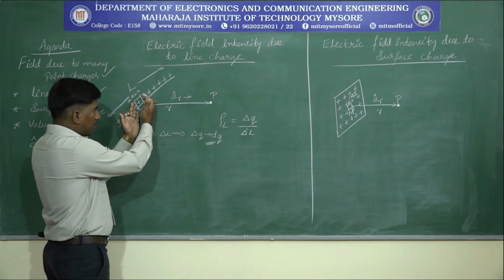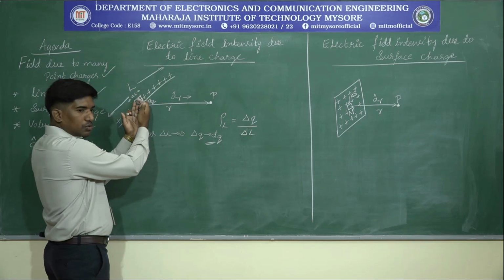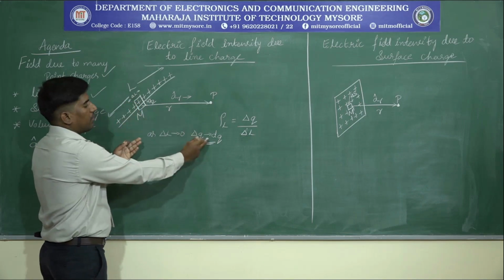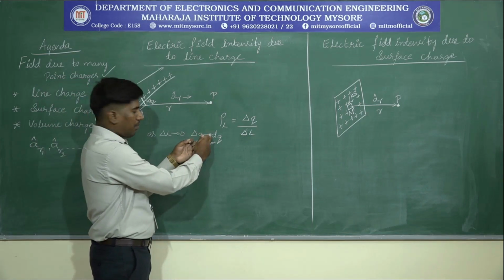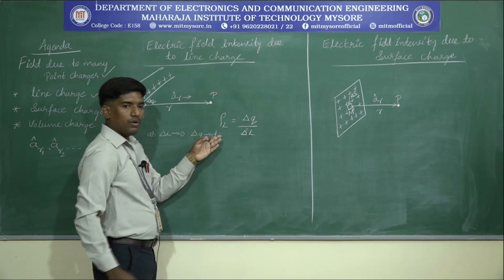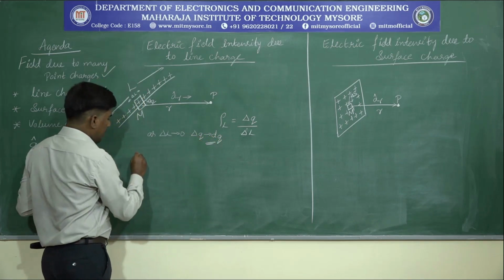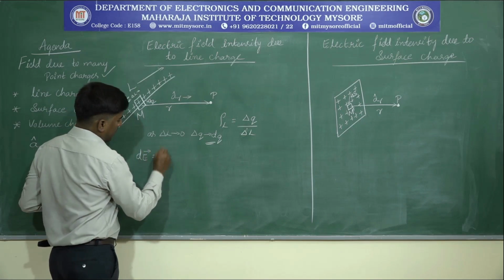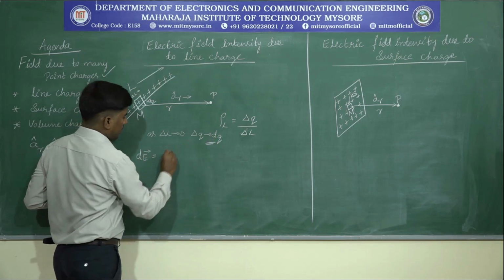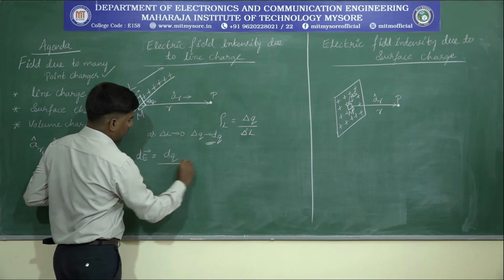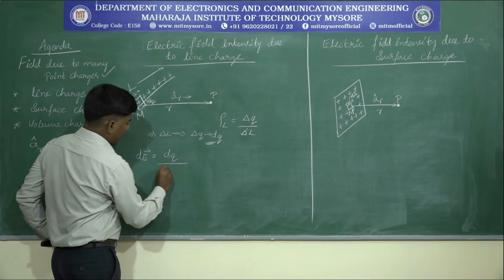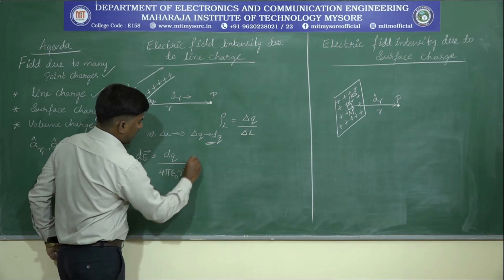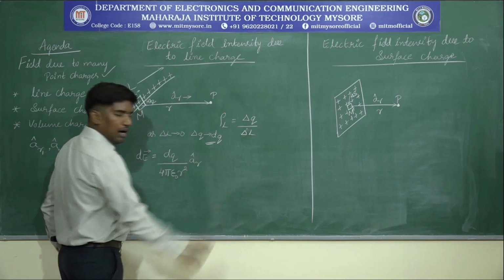As this elementary area tends to 0, the delta operator is converted into a differential operator, that is, delta Q tends to dQ. Therefore the elementary electric field intensity due to dQ is given by dE is equal to dQ divided by 4 pi epsilon naught r square into a cap r.